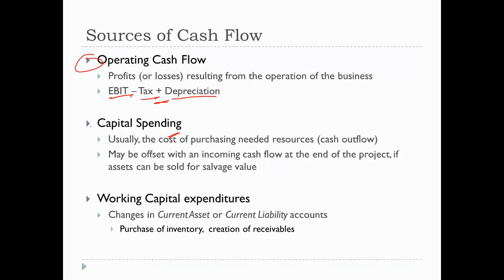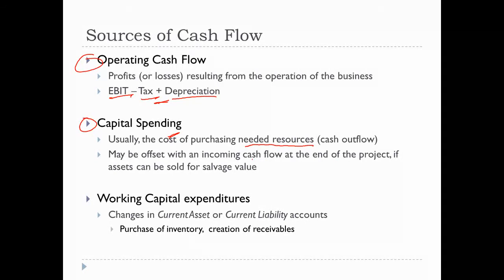As I mentioned in the previous slide, there are also cash flows related to capital expenditures, the purchasing of new equipment, new land, buildings, anything, any capital goods that the company needs to complete the project is a capital expenditure, and usually it represents a cash outflow.